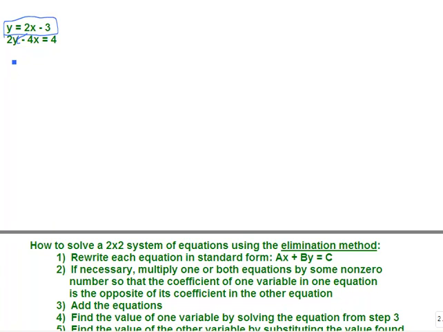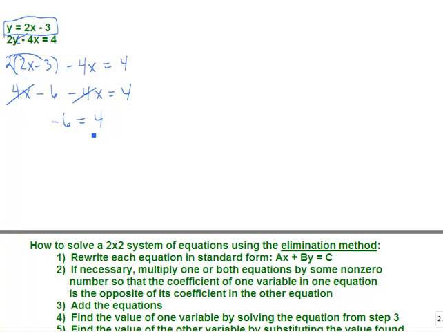So rewriting the second equation, this becomes 2 parentheses 2x minus 3 minus 4x equals 4. And if we distribute our 2 across, we'll get 4x minus 6 minus 4x equals 4. And when we go to combine like terms, our 4x's cancel out, and we get negative 6 equals 4.